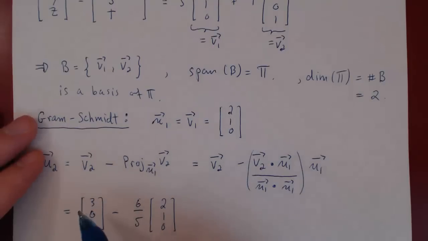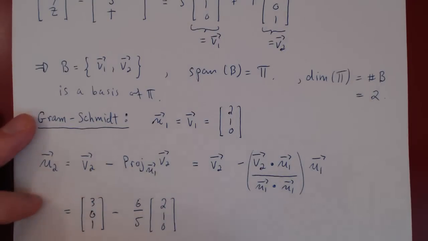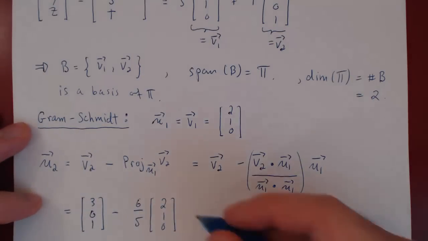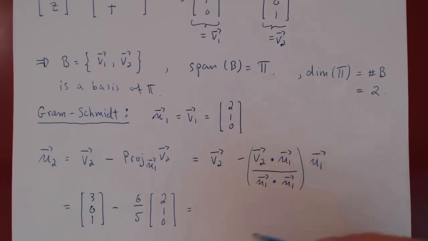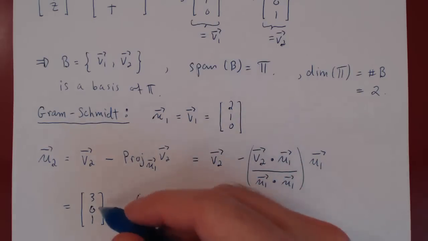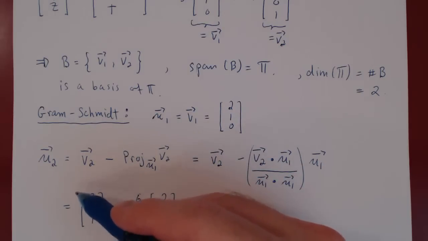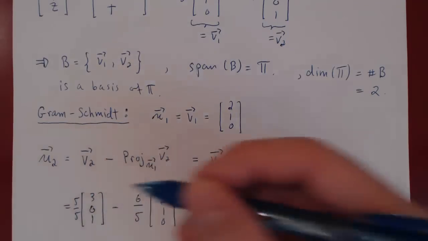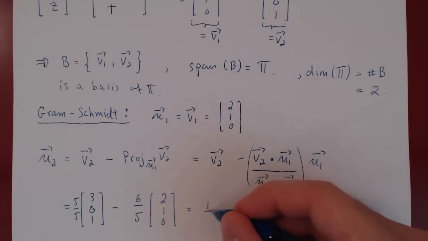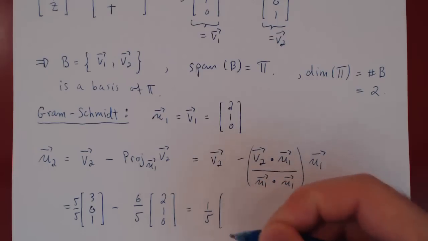And now let's just compute this, and we'll have our second vector for our new orthogonal basis. Well, this is over 5, so let's factor the 1 over 5. And you want here to have an over 5, so multiply by 5 over 5. Leave the 1 over 5 outside, and now find the three components.